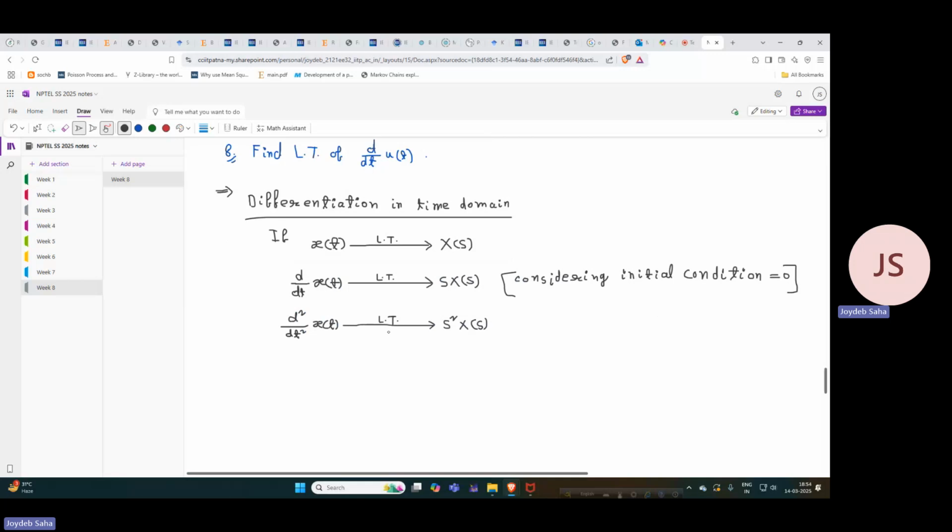Similarly, it is also considering initial condition is equal to 0.